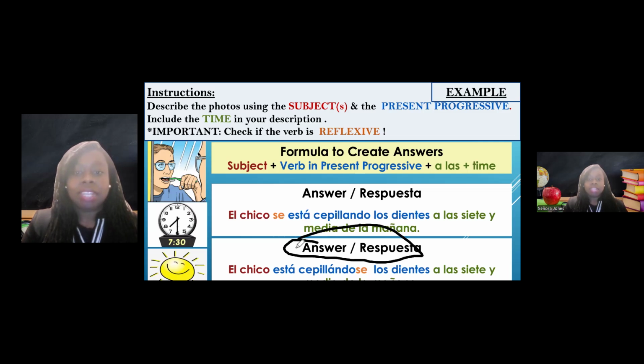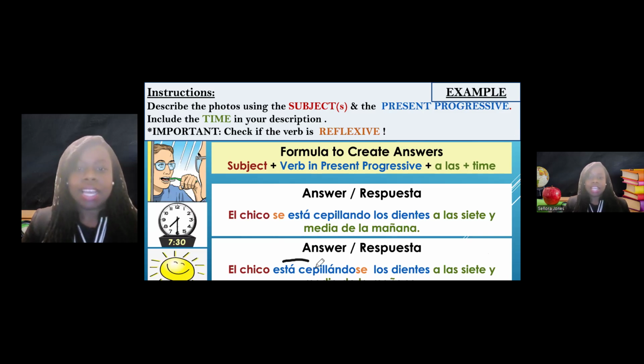Our second option is El chico está cepillándose los dientes a las 7:30 de la mañana.